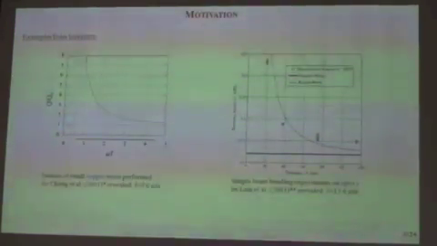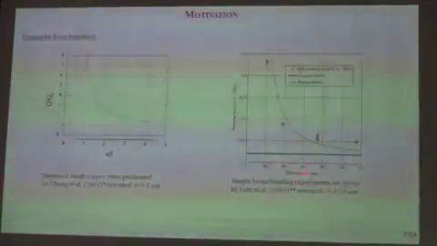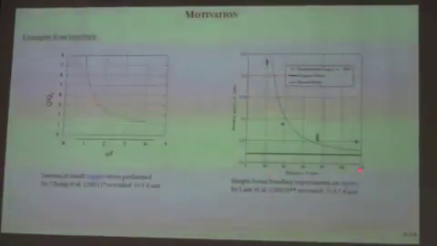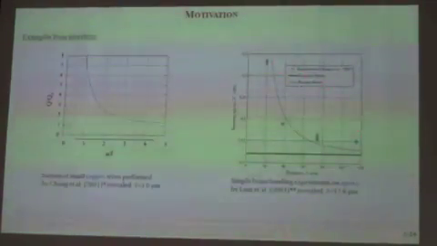As a motivation, I think we've seen such plots in further talks. Basically, as the thickness of bending structures decreases, the bending rigidity can dramatically increase.